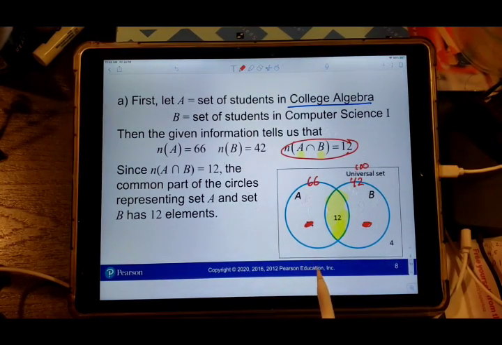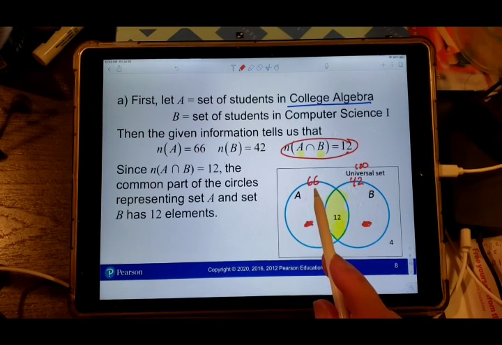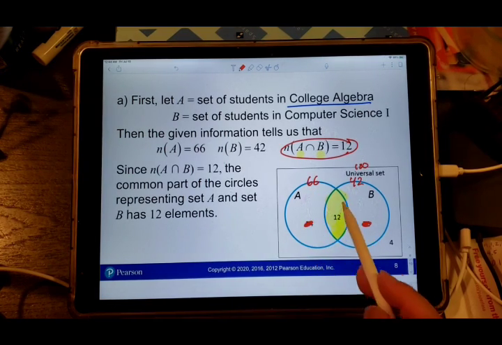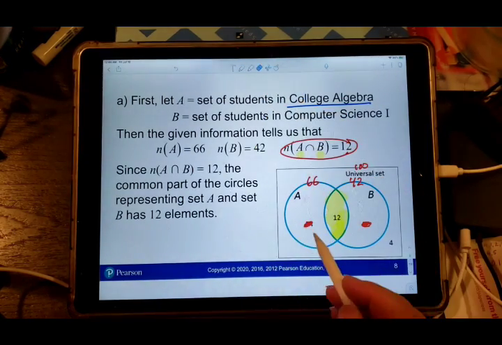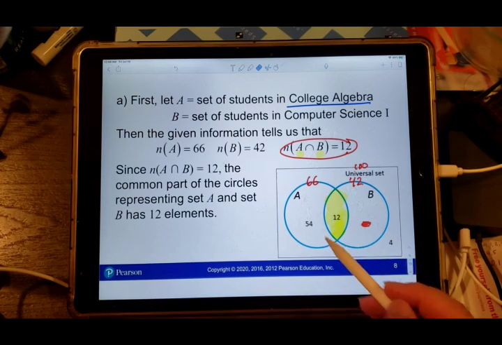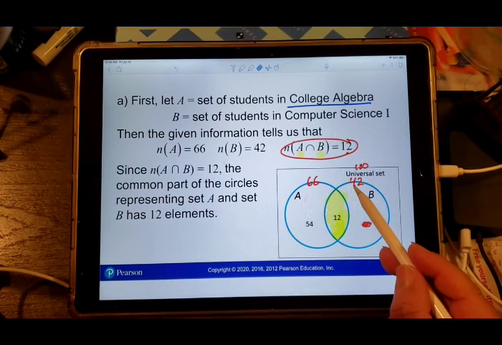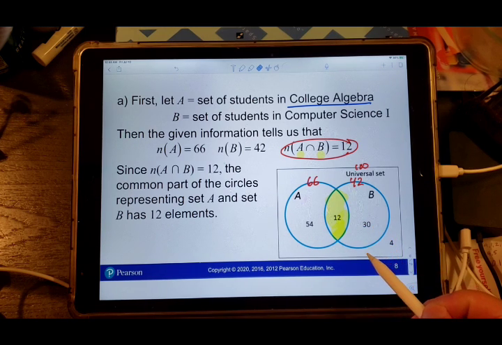Well, how do I uncover that little value right there? Well, if I have 66 total inside the circle and 12 of them are here, it's just 66 minus 12. That's how I figure out that this is 54. If this circle contains 42 and 12 of them are here, that tells me that 30 are there.